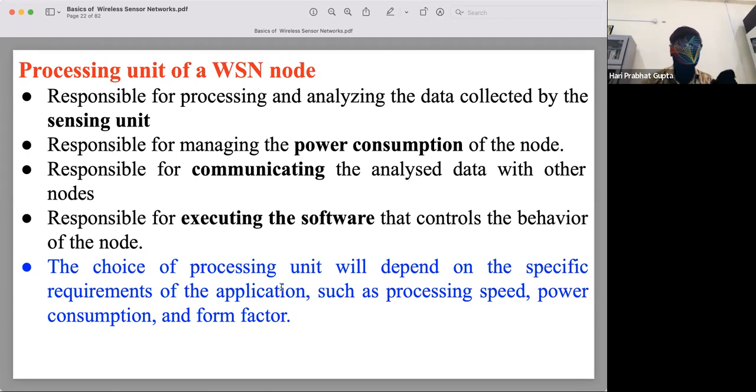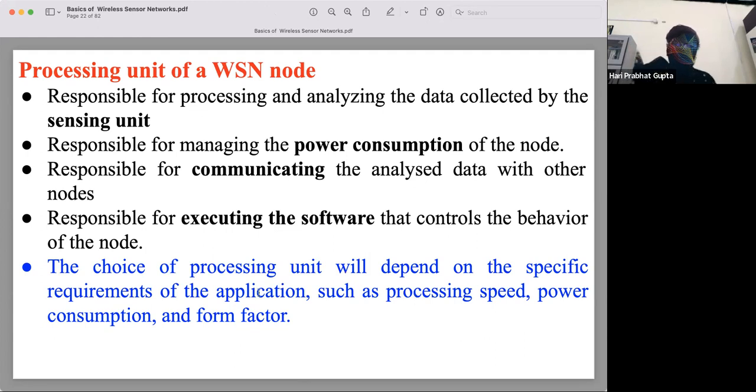If it is a normal application, why would you select a high processing unit, which consumes huge energy and whose cost is very high? If your application is very normal, that means it is not a very crucial application, not a life and death matter like this one, then you need to select the processing unit which is low cost, simple, and consumes very little energy. That type of processing unit we need to select in that case.